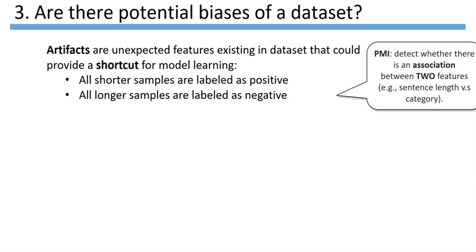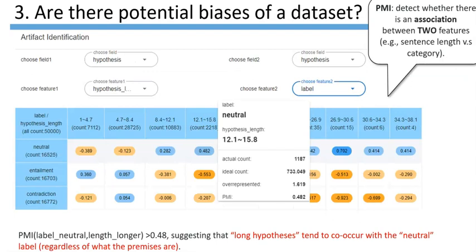Artifacts here are unexpected features existing in the dataset that could provide a shortcut for model training. Usually, we use the measure PMI to detect whether there is a potential association between 2 features. Using DataLab, this process could be automated.